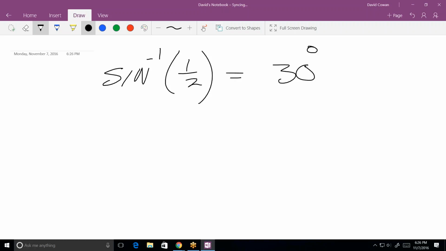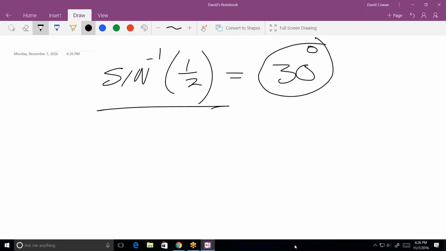Because 150 degrees works also. Yeah, it does. The sine of 150 degrees is also 1/2. If you take the sine of 150, you get 1/2. But if you put this into your calculator, it only gives you that answer. It's called the principal answer.